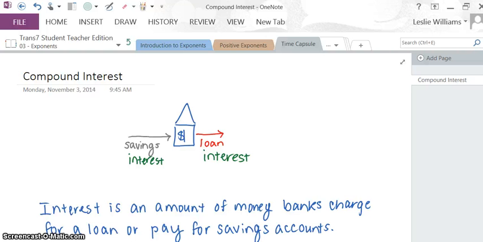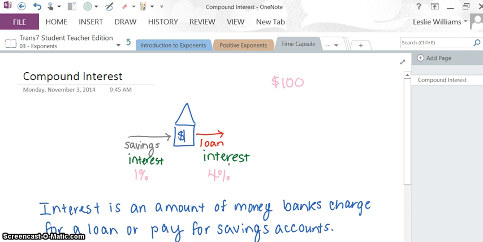So we're going to use an example of $100 here to make the math really easy. So in today's market, maybe the savings account is paying out maybe 1% interest, maybe 1.5%. Right now it's pretty low. As a loan, maybe they are collecting around 4% interest.